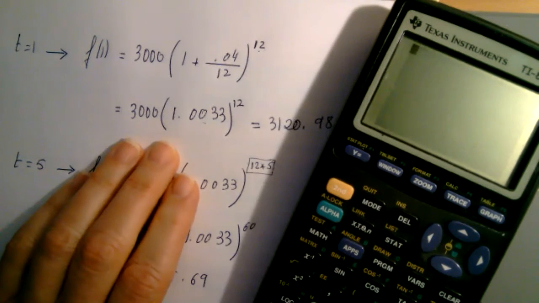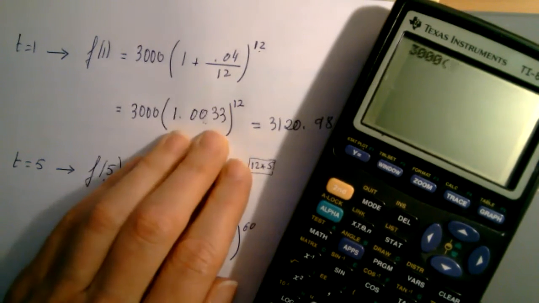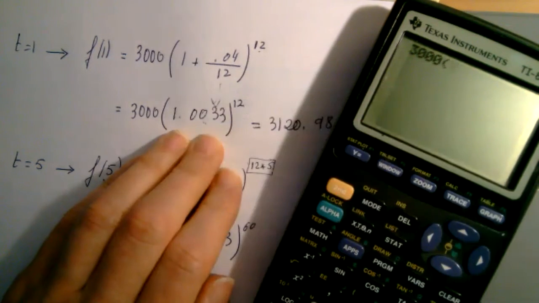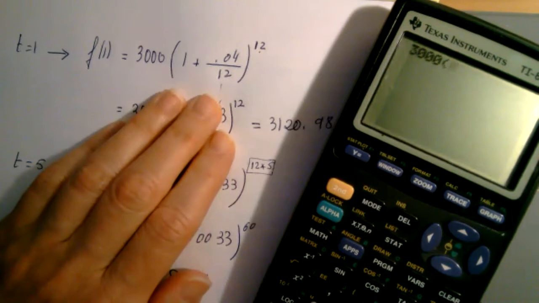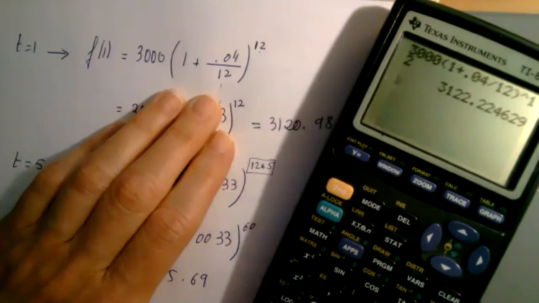So here is another way to be extremely exact. Listen carefully to how we can do it to avoid any issues. I'm going to redo that without computing this number. I'm going to do it this way, and by doing this I will avoid all kinds of rounding: 0.04 divided by 12, to the power 12.